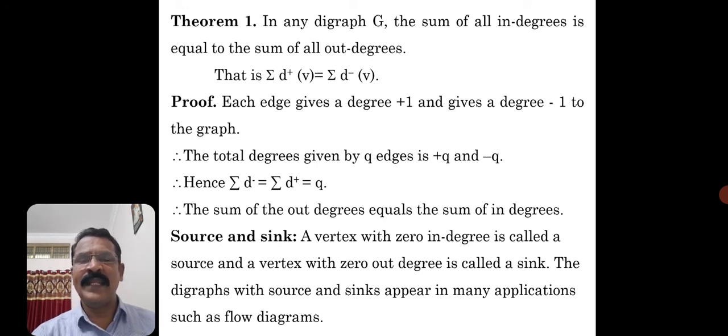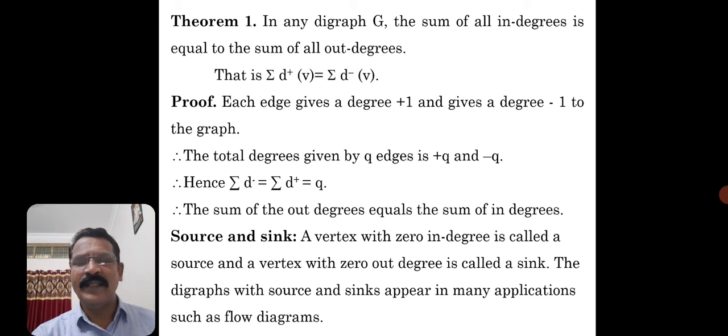So an edge is incident out from one vertex and incident into another vertex. For that reason, one edge contributes how much degree? Plus 1, that is out degree 1, and it gives in degree also 1.